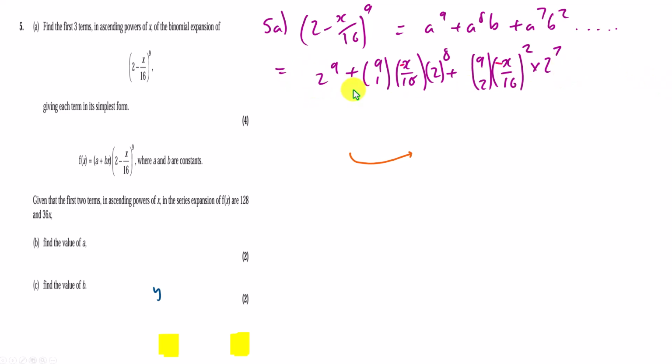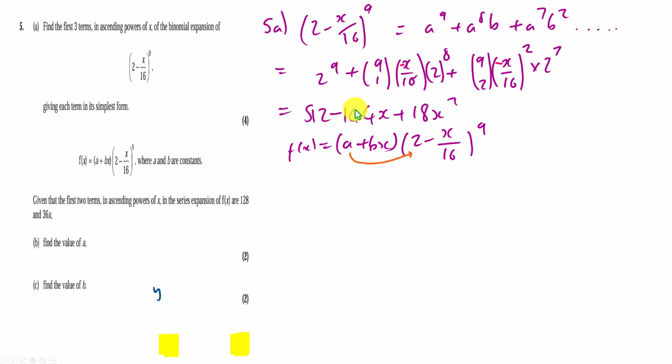And you just continue it on, but it only asks for the first 3 terms. This is our first 3 terms. Just substitute everything in correctly to get your coefficients, and make sure your negative signs are correct, hence you'll get a minus here. Minus x squared will turn positive, so that will be positive. Now that's done, and that will get you 4 out of 4 marks up to here.